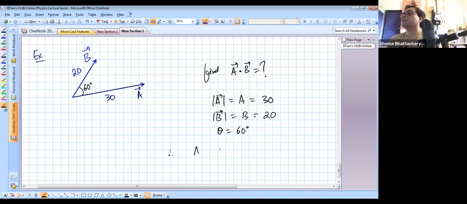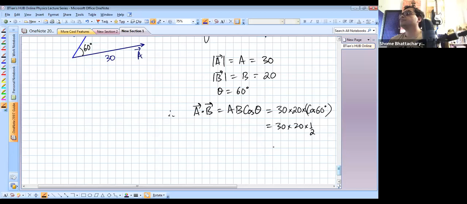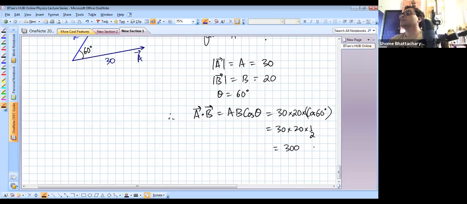Okay. So therefore, what about A dot B? By formula, it is magnitude of A into magnitude of B into cosine theta. So just substitute. So it is 30 multiplied by 20 multiplied by cosine of 60 degrees. So as you can see in this case, it just becomes 30 into 20 into half. So it becomes 300. Okay.